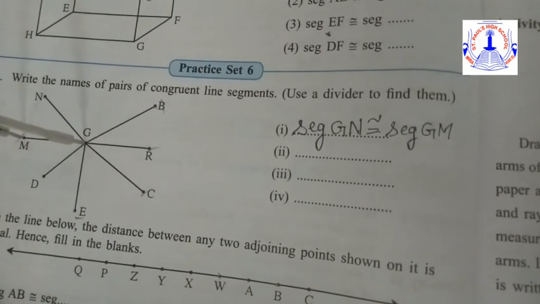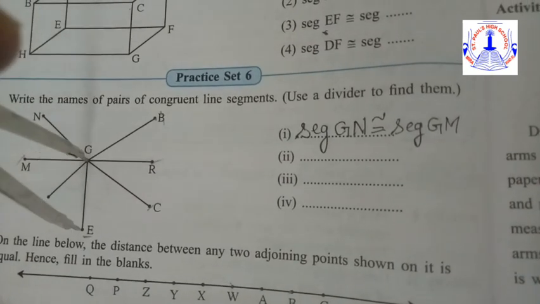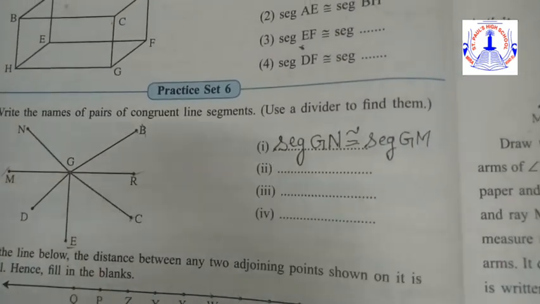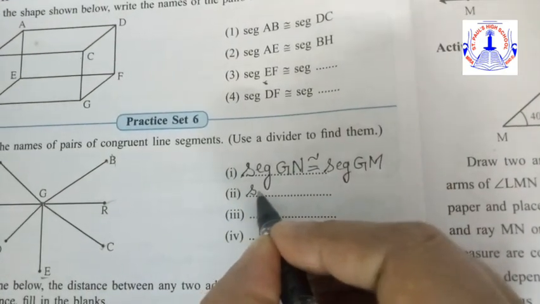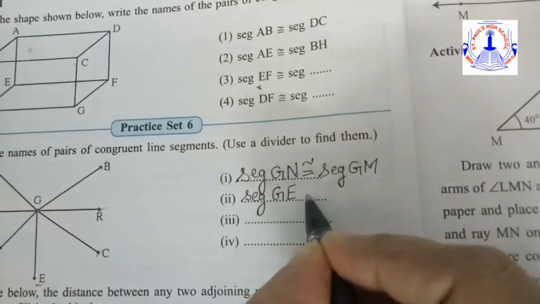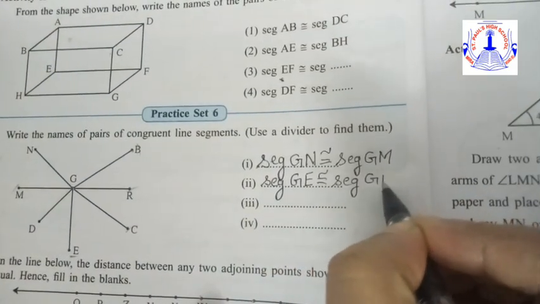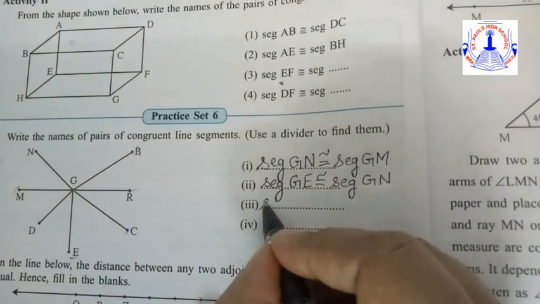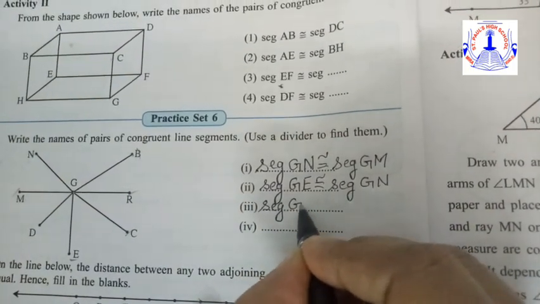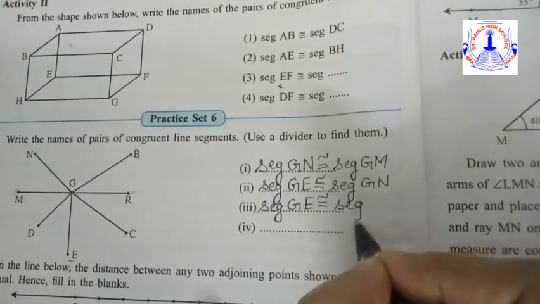So GM will be congruent to GE and GN will be congruent to GE. So we will write the second one, segment GE congruent to segment GN.